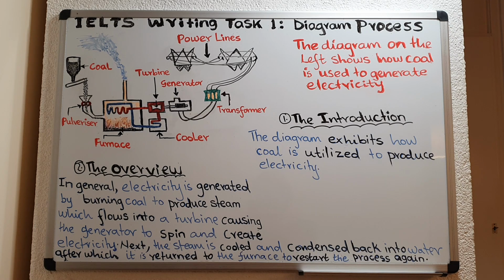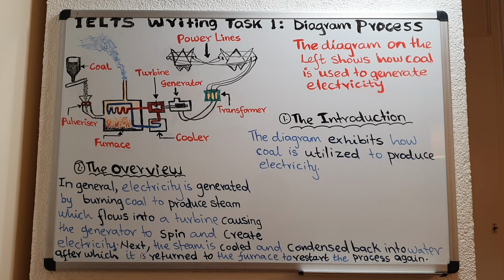Electricity is generated by burning coal to produce steam, which flows into a turbine, causing the generator to spin and create electricity.